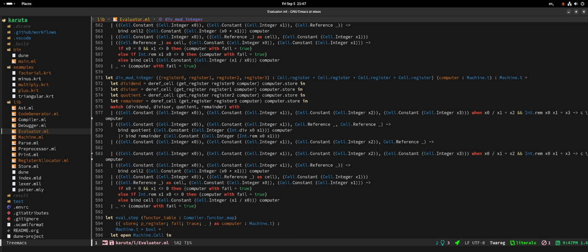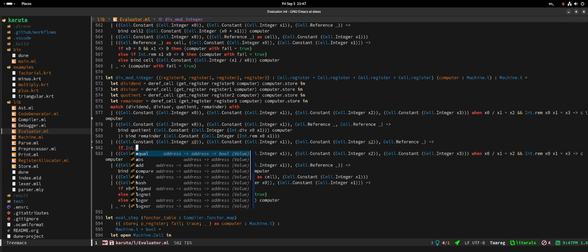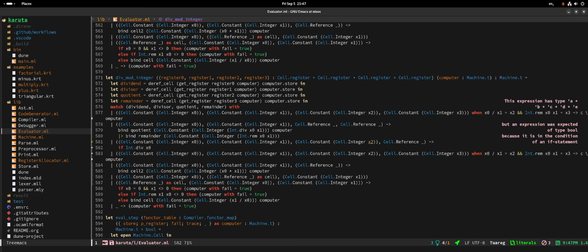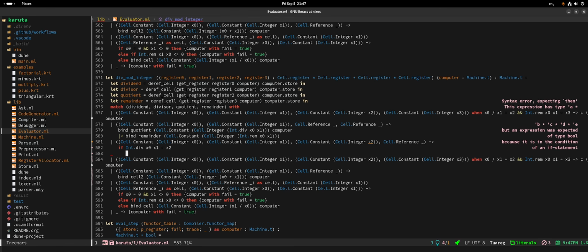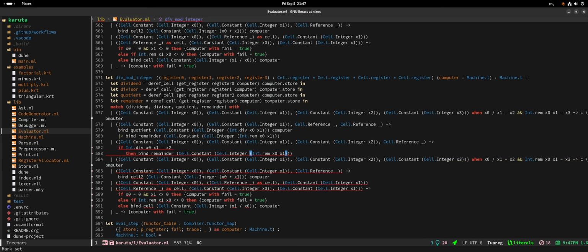We just need to do the division normally and check if the quotient matches. So we basically do int div x0, x1, that needs to be equal to x2. If that's the case, then we need to bind the remainder, right? Yeah. And that's it.